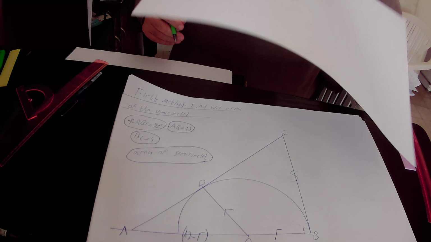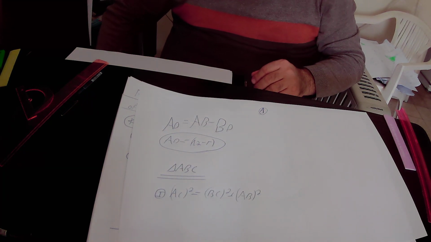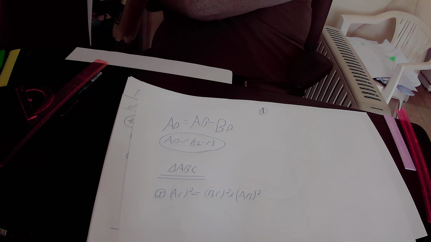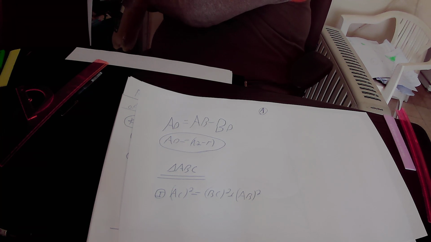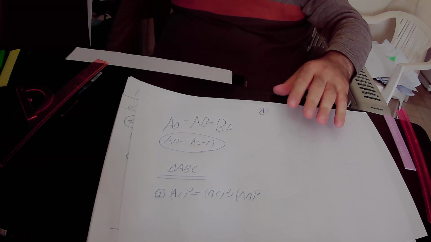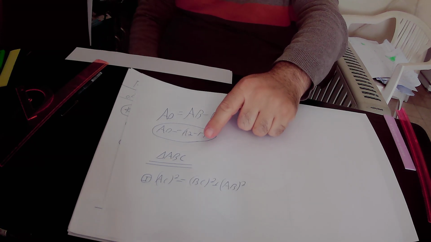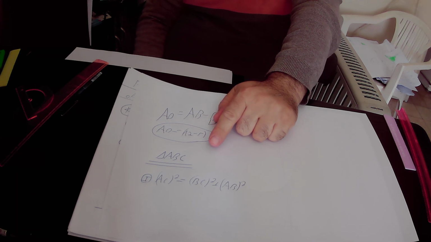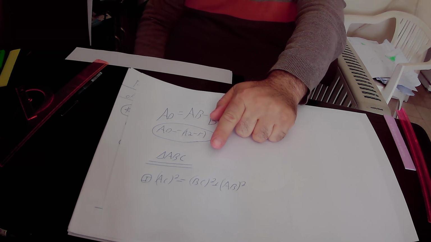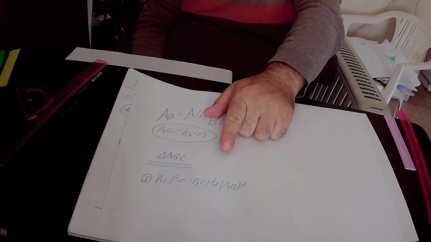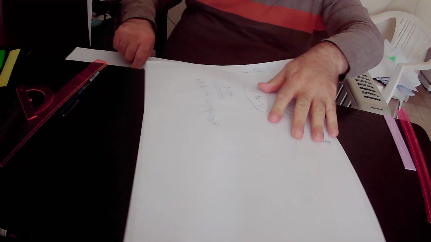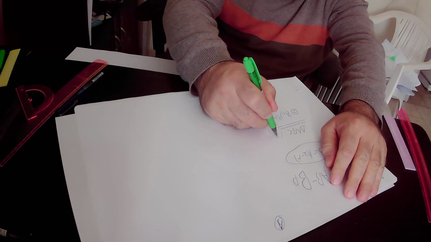I will repeat again. In the right triangle ABC, according to the Pythagoras theorem, AC squared equals BC squared plus AB squared.